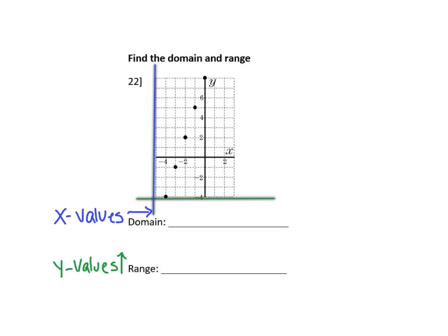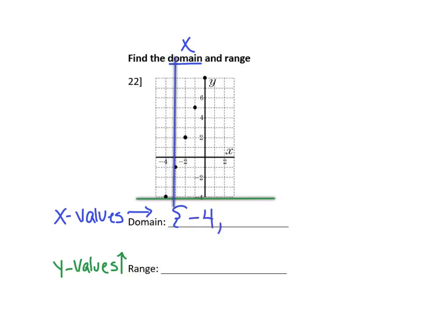Domain is going to be the x values, and the x values are going to be going from the left to right. So we take a look, starting from the left. When I first encounter my point, it has an x value of -4.